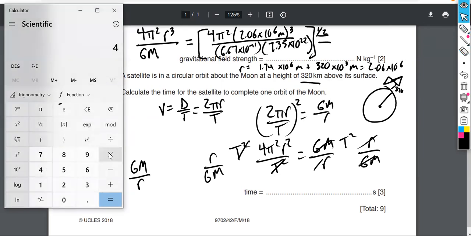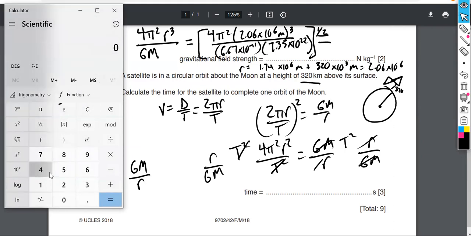So we got 4 times pi squared equals. Now we're going to multiply that by 2.06 by 10 to the 6. And we've got to cube that quantity. I think I put times 10 to the 6 wrong.